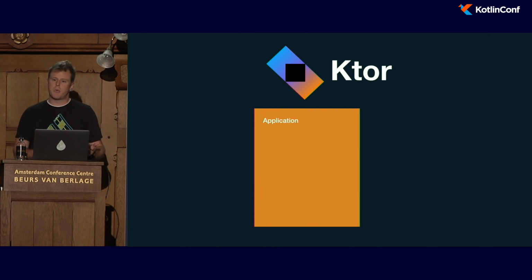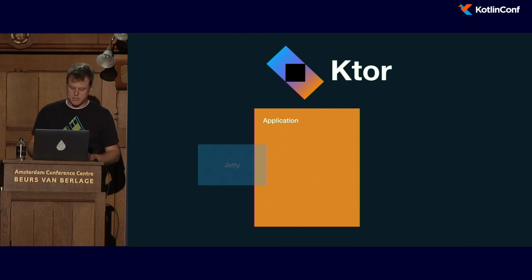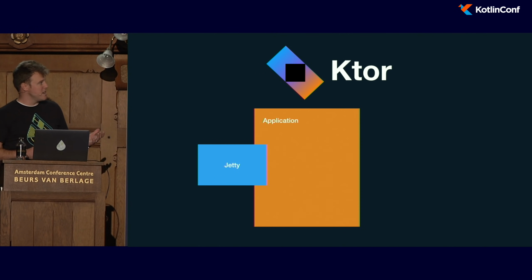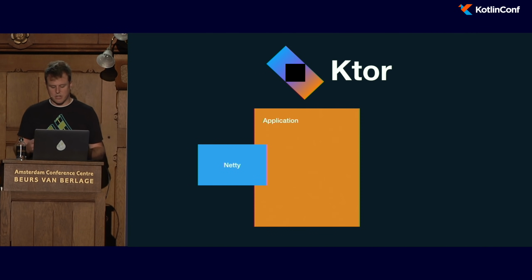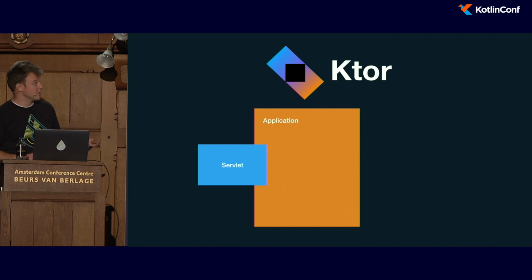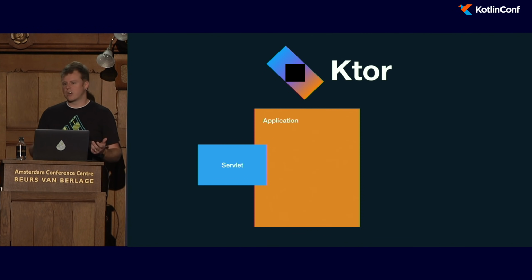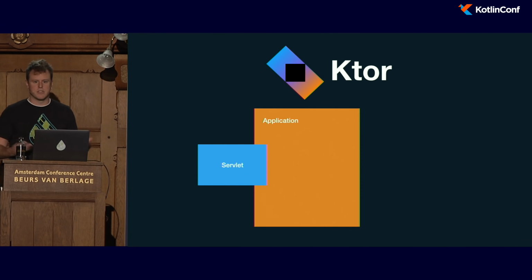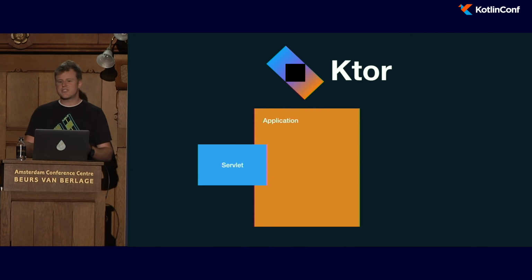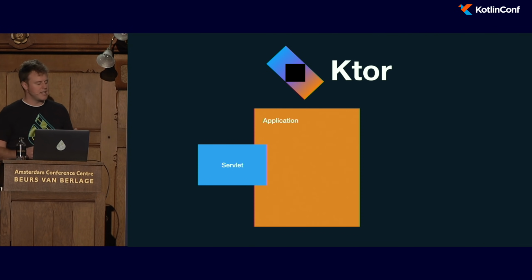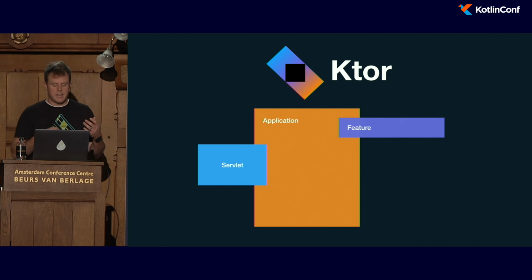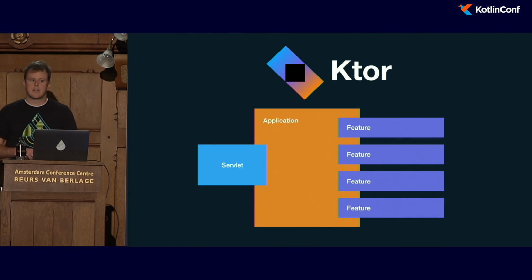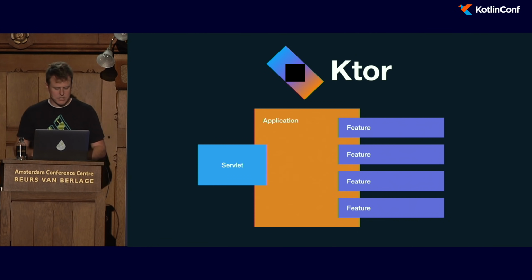When you build a Ktor web app, you first set up the engines. Ktor applications have interchangeable engines and servlet drivers that allow them to work with several different servlet engines. The standard servlet driver allows it to work with auto-scaling environments like Google's App Engine. In addition to these drivers, you can create a Ktor application by installing features that add functionality to the server.